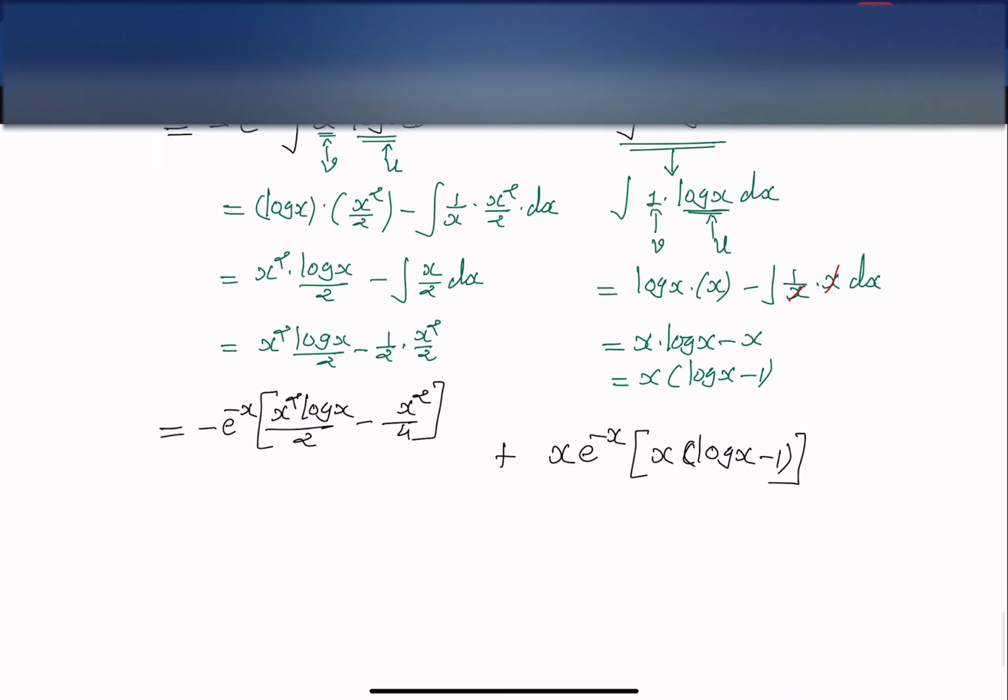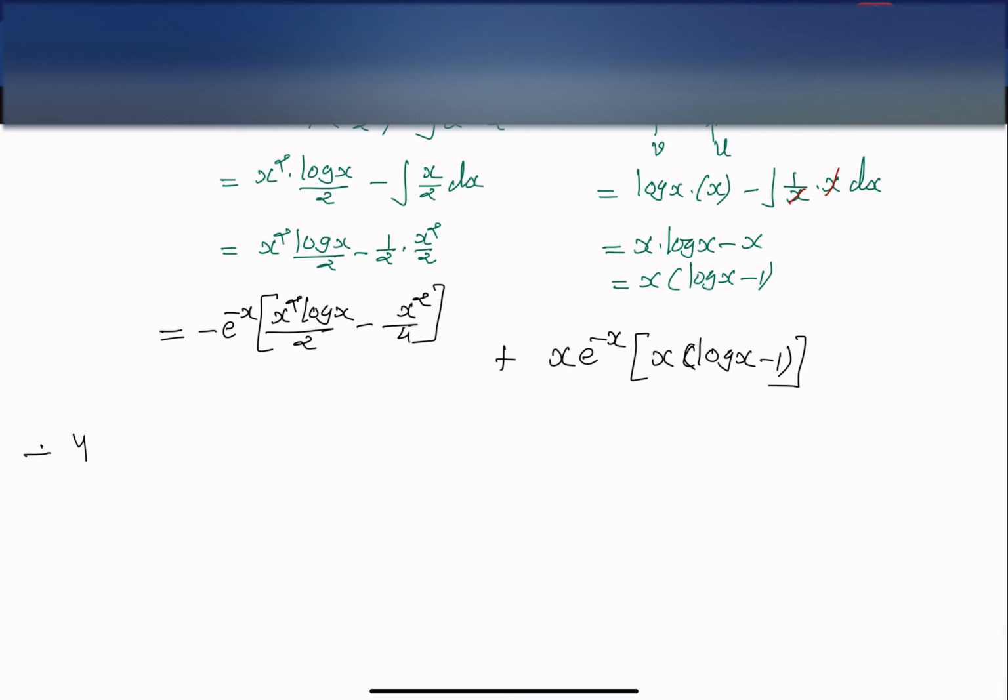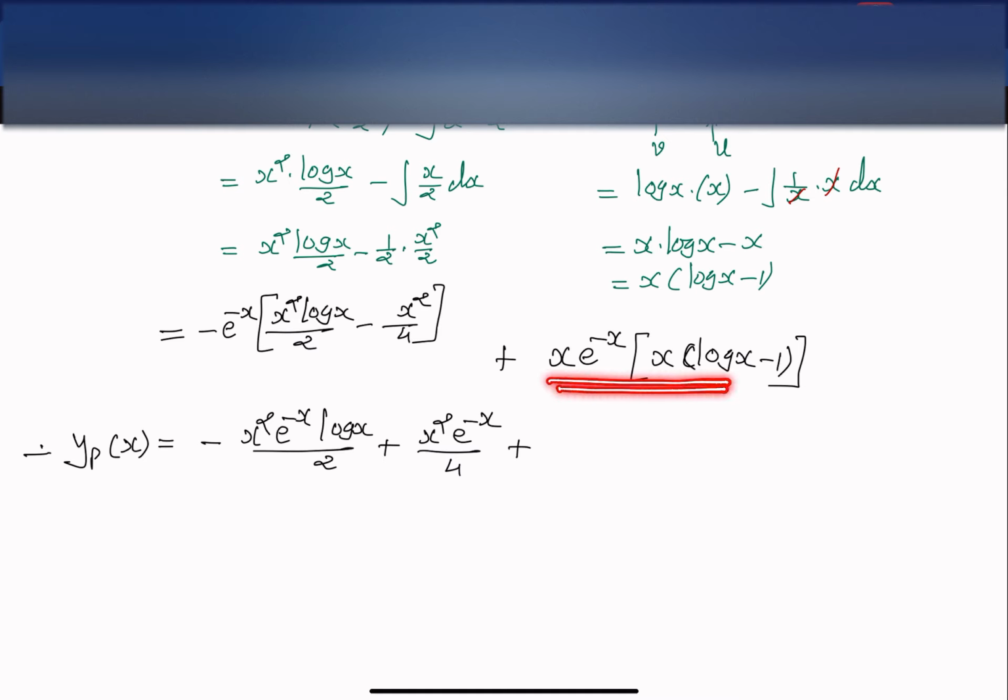Clear? And therefore yp(x) is equal to, let me write in this way. First I write the polynomial, so x square e raised to minus x log x divided by 2, then minus minus, plus x square e raised to minus x divided by 4, plus, now we are here, right?